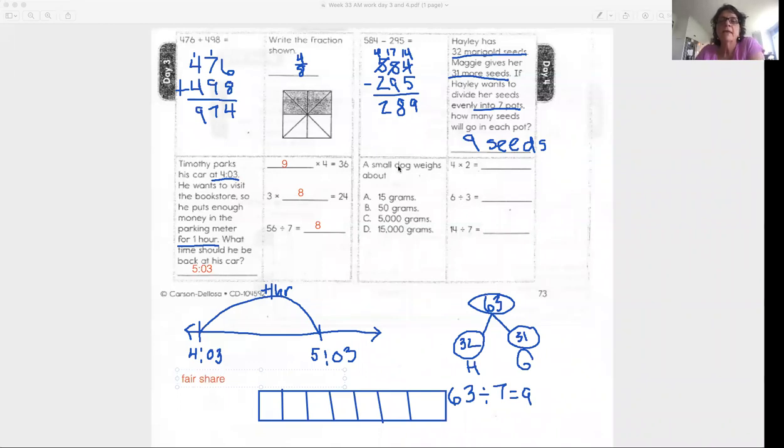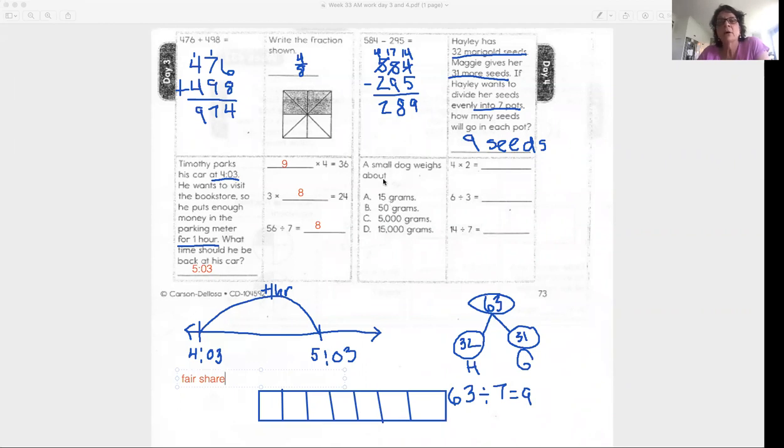All right, the next problem, this probably was tricky for you because it's even hard for me to think in terms of metric measurements. It's a small dog weighs about 15 grams, 50 grams, 5,000 grams, or 15,000 grams. Well, remember, when you think of a gram, your benchmark thing that you're going to visualize is a paper clip. So I'm thinking 15 paper clips. That is not very much.